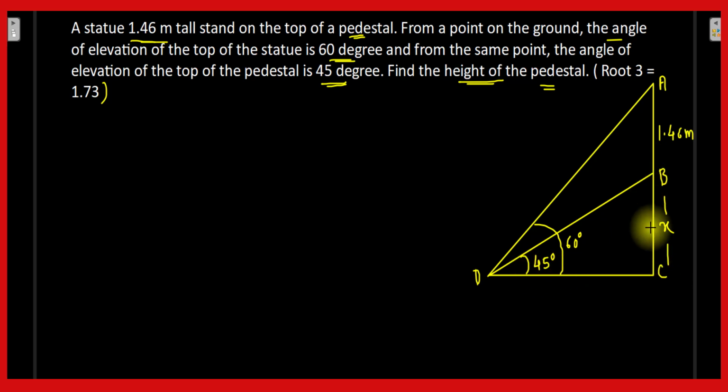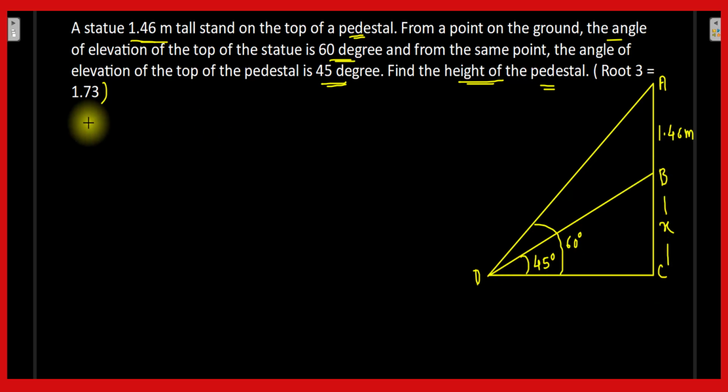So first we will assume, let the height of the pedestal be x. So write height of the pedestal is equal to x. I am not writing, but you have to write in the examination. Now we will take the triangle BCD.